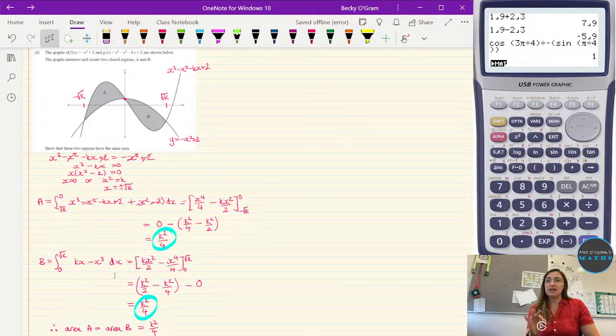Then you do the exact same thing for b, except this time we're going between 0 and root k as our points of intersection. And because it's the quadratic that's sitting on the top, we do that one minus the cubic. And if you do that, it simplifies to this. And then it comes out to the same answer. So you know you've got the area of A is equal to the area of B.